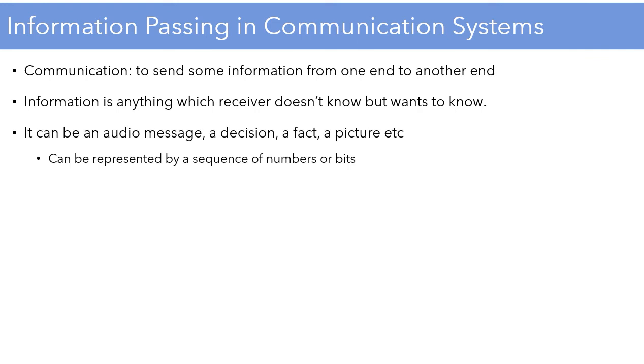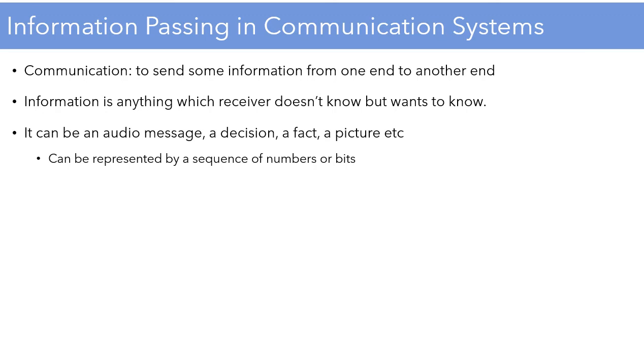Right? And these are the examples. And I said that these information examples can be represented by a sequence of numbers or bits. Bits are just binary numbers, so you can equivalently represent anything by decimal numbers or hexadecimal numbers also, if you can represent them by bits. So a decision can be 0 and 1.